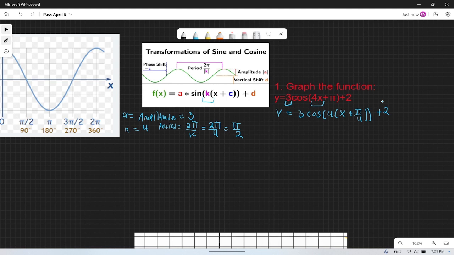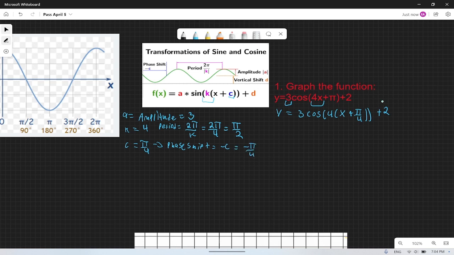And now we have our phase shift. So we have our c equals pi over 4, and our phase shift equals negative c, equals negative pi over 4.